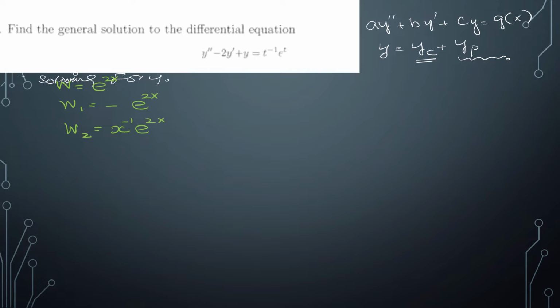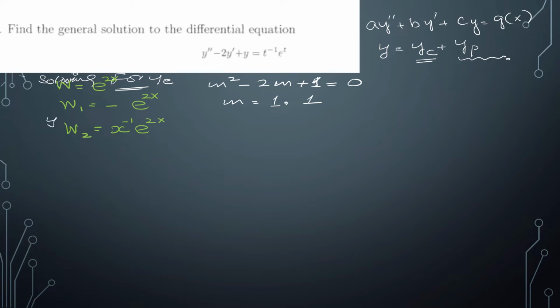yc, that means y complementary, you have to convert the y double prime into m squared minus 2m plus 1 equals 0. Now on factoring, you will get m equals 1 with the multiplicity of 2. That means m equals 1 and m equals 1, which means both the roots are the same.